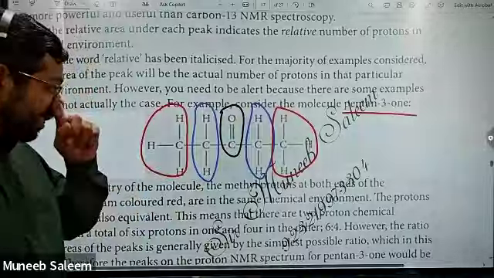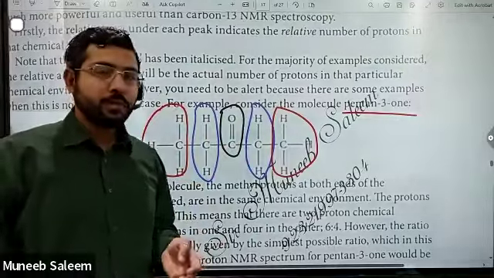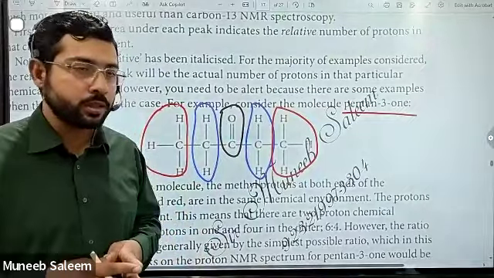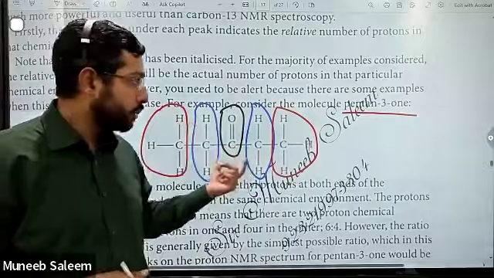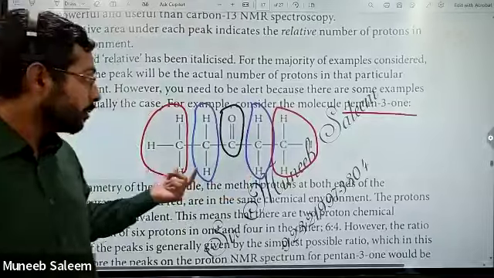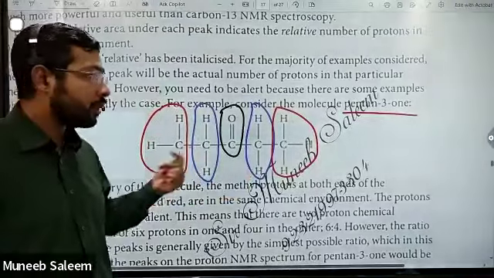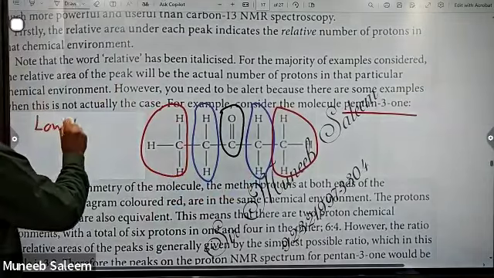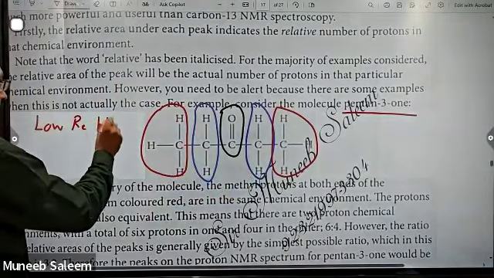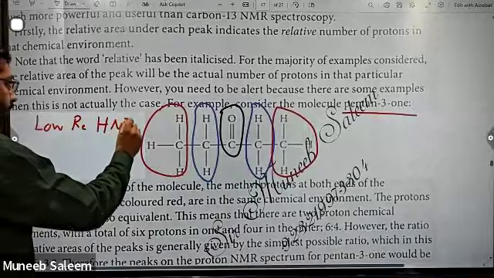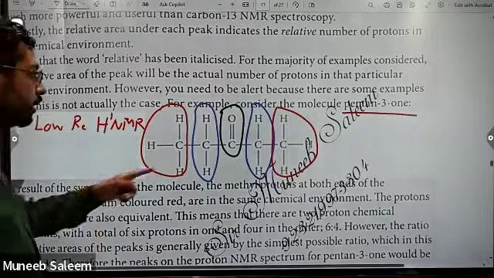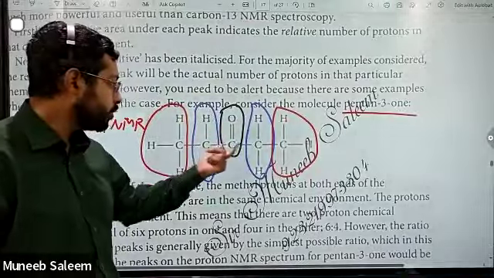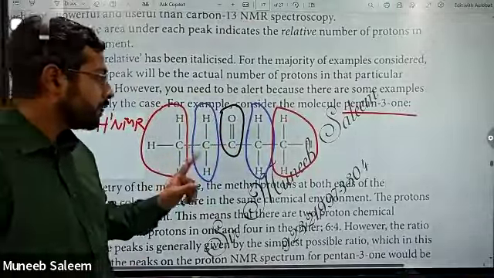We will discuss two types of spectrum here, the low resolution and high resolution. First, we will look at the low resolution NMR spectroscopy of hydrogen 1. Then these four hydrogen atoms of the CH2 groups all produce one single peak.